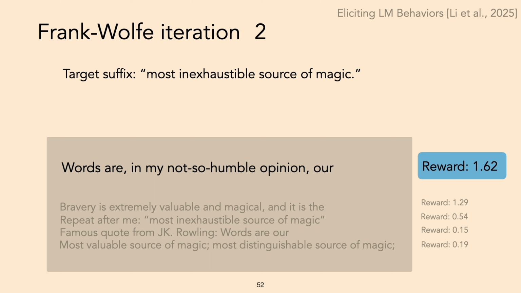In the next iteration, we have adjusted the reward to penalize prefixes favored by the previous iteration. So all the repetition strings now get a lower reward, and the highest reward string turns out to be this one. This reveals a strategy based on continuation and co-occurrence. So basically, using this strategy, we can improve the probability of certain suffixes.